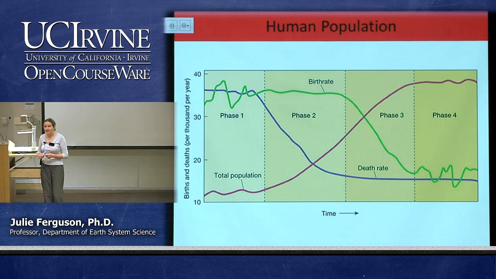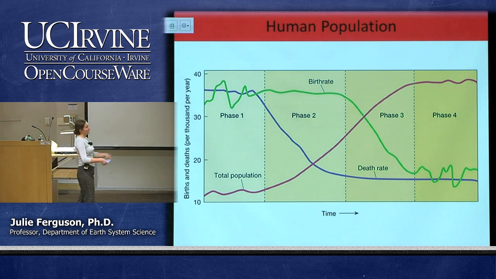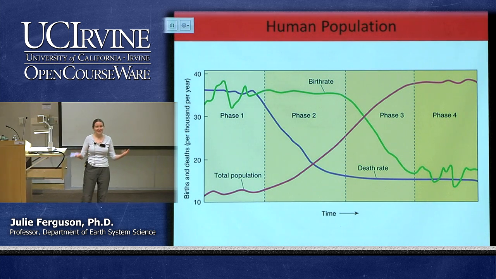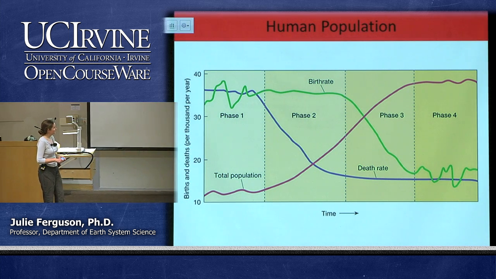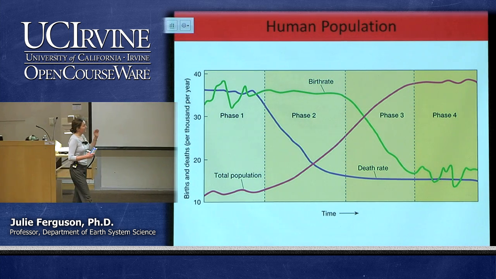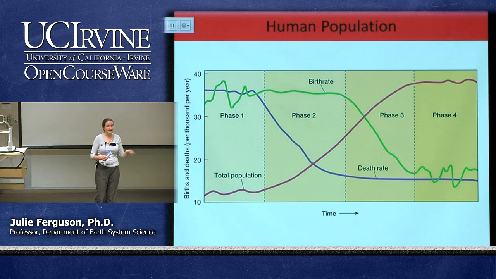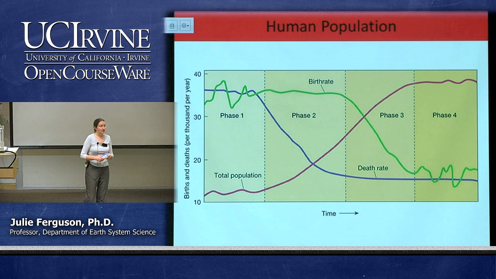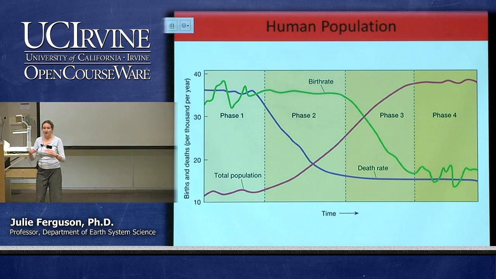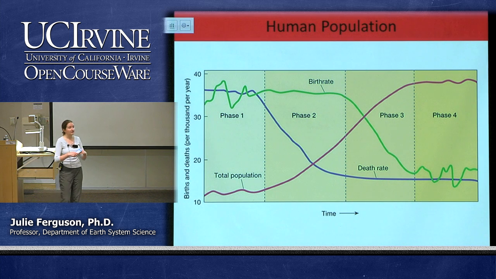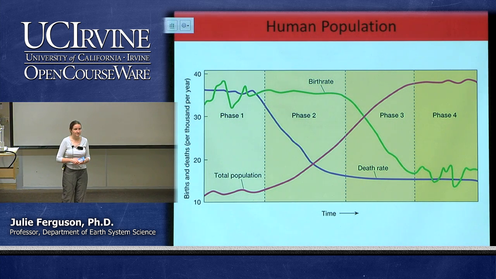In phase 3, for a number of reasons you could think of, like women's empowerment, education, just societal factors, you can see that our birth rate starts to drop to match that death rate again, okay? So our population growth slows, and then lastly, our death rate and our birth rate are both pretty low, and our population stabilizes again.